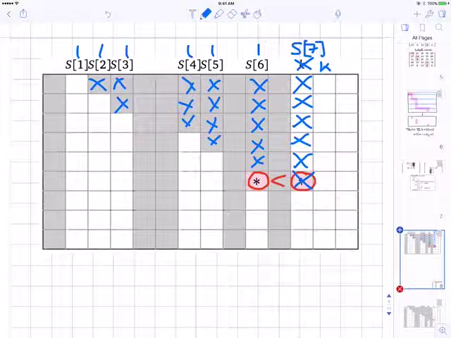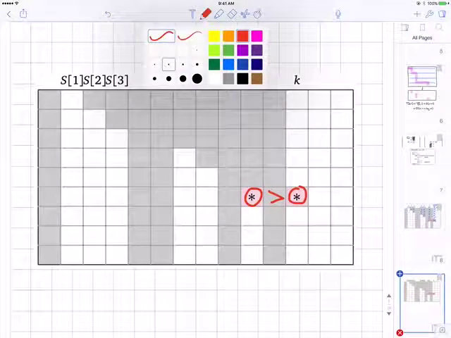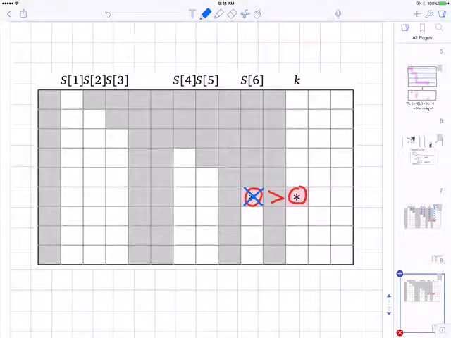Okay. The other possibility is that I find things going the other way. The star entry on the left is bigger than the star entry on the right. In this case, the star entry on the left cannot be the smallest entry in its row.